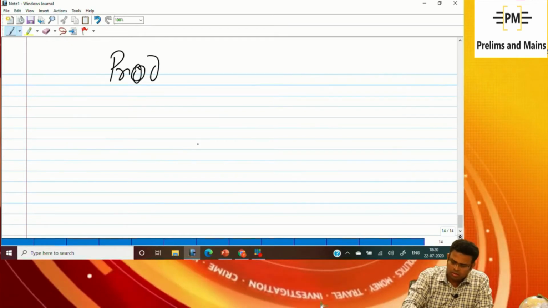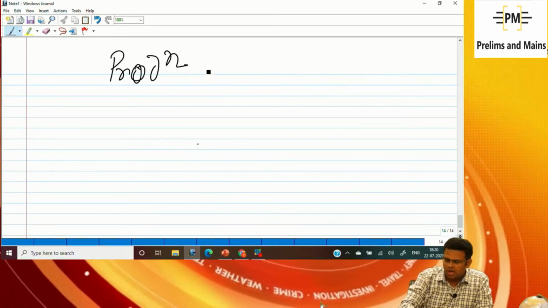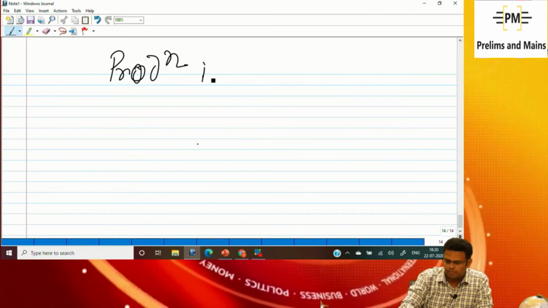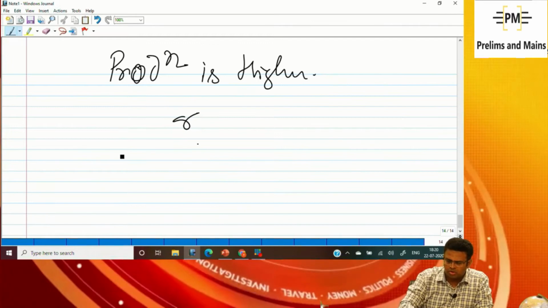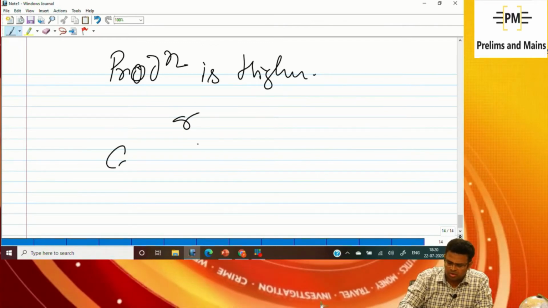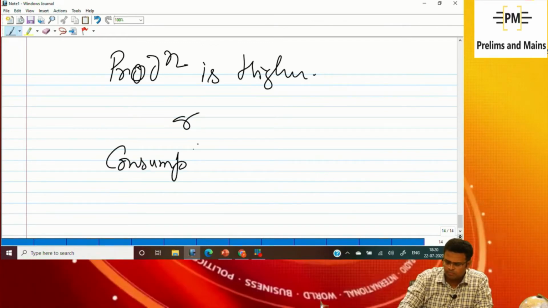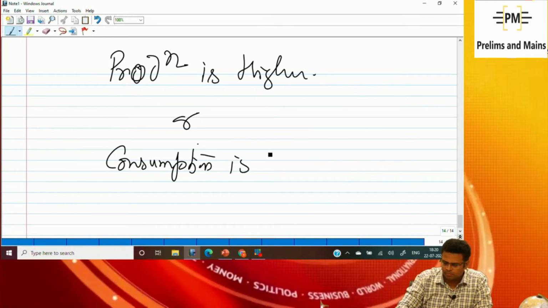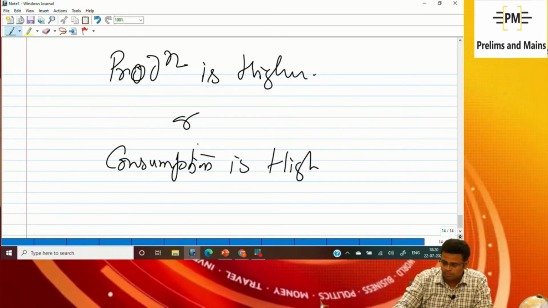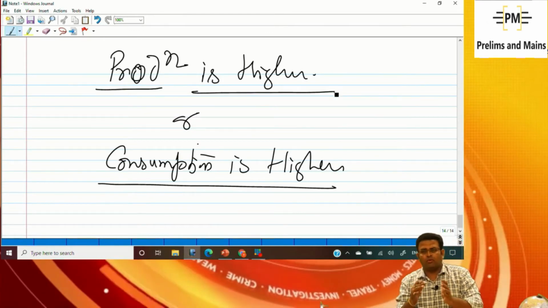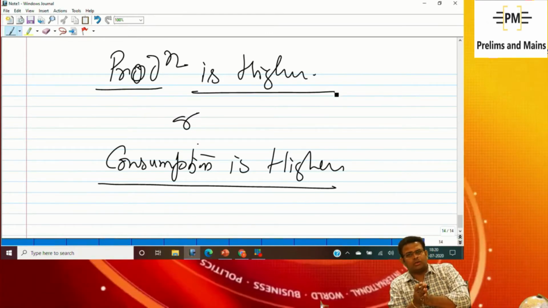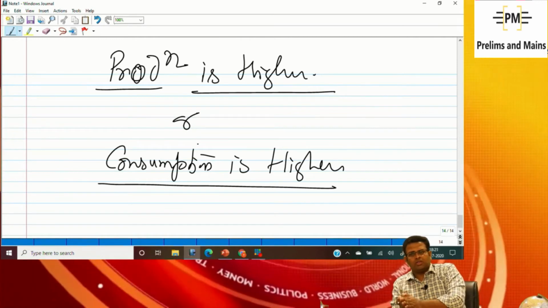Is production of nuclear fuel higher or is consumption higher?